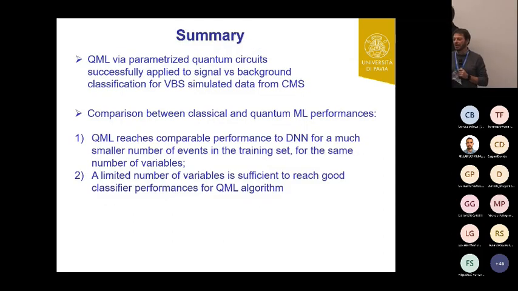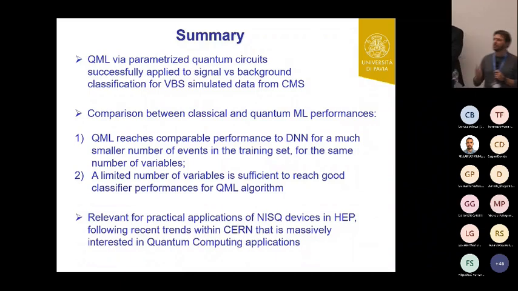And the conclusions, if you want the main take-home message, is that the quantum neural networks seem to perform comparably well with the deep neural networks, but they start to converge to the same behavior, to the same figure of merit, for a much smaller number of training events and for a much smaller number of training variables, which is per se interesting to understand. We do not know why. It is interesting per se to understand why this happens at the theoretical level.